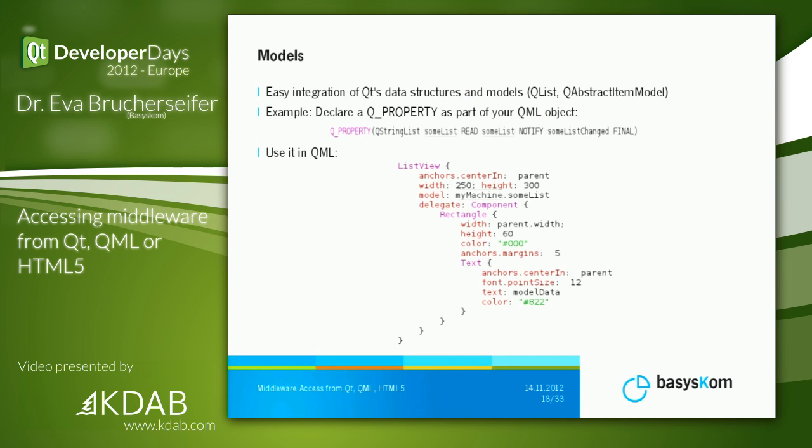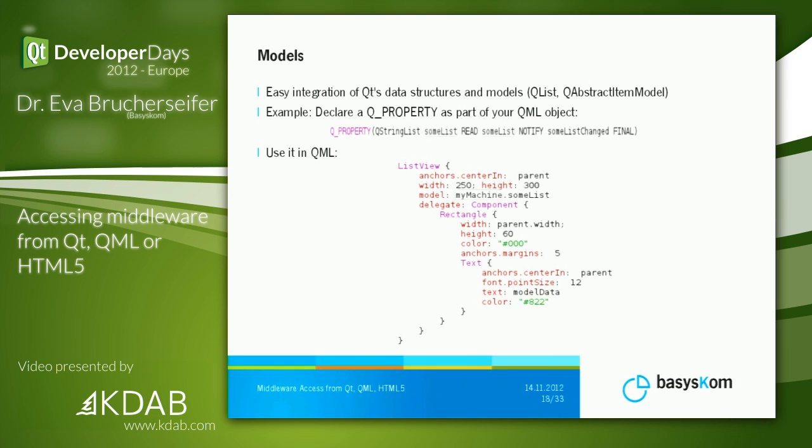So let's go to a maybe more complicated example, or not more complicated, but we cannot just use integers and bools and all the basic types, but we can fortunately access all the data structures Qt delivers, for example, QList, QStringList, QAbstractItemModel. So if you have written a model inside your middleware, you can again just export it to QML and use it there.